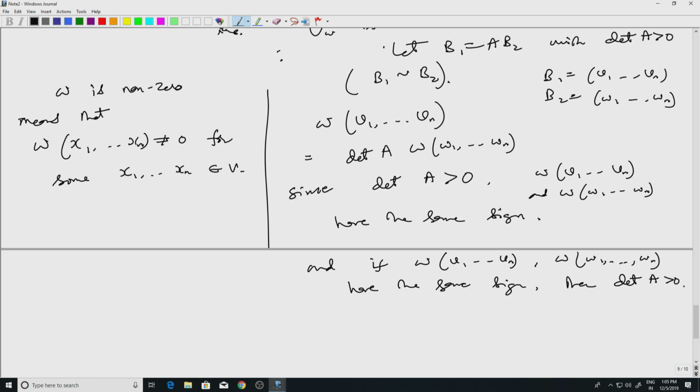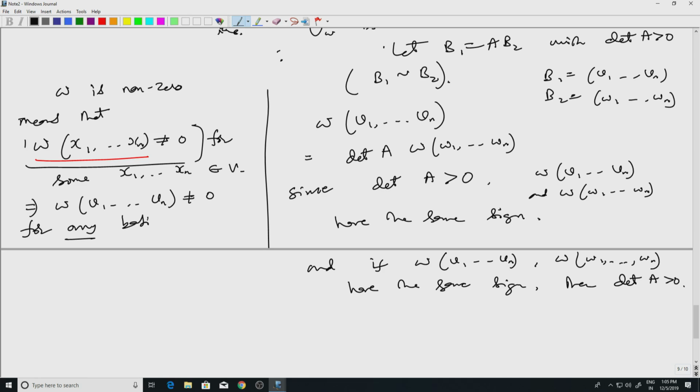But this immediately implies that if I write down these vectors in terms of any basis, then the left hand side, since it's an n-form, will be a multiple of what it is for the basis vectors. So it implies that omega of v1, ..., vn is not equal to 0 for any basis v1 up to vn.